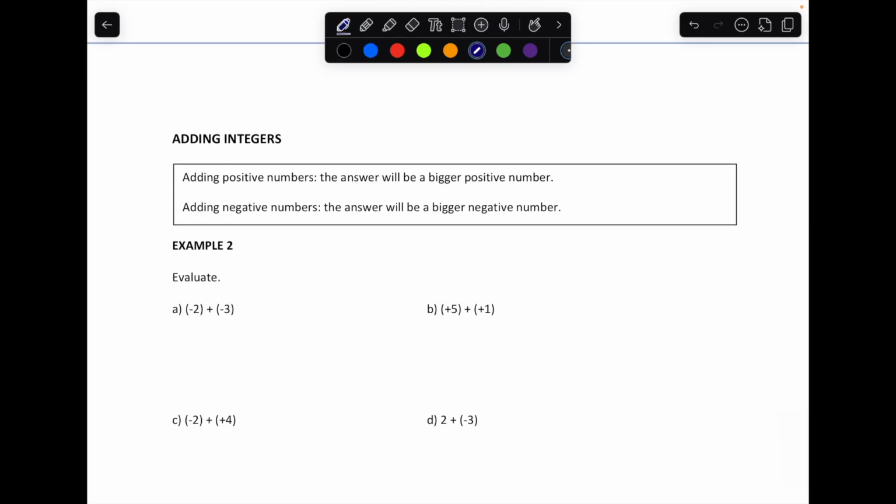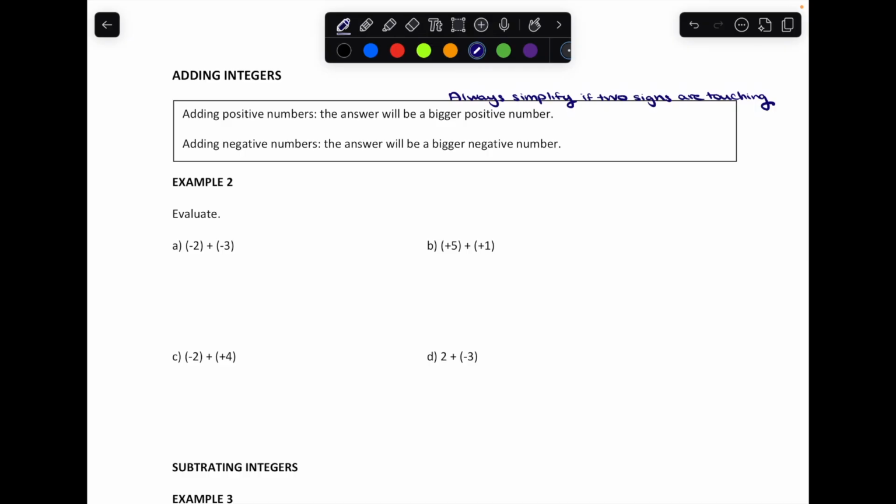When we're looking at adding integers, if we are adding positive numbers, the answer will always be a bigger positive number. And if we're adding negative numbers, the answer will be a bigger negative number. So here what we want to do is we always want to simplify if two signs are touching. And so here we have -2 plus -3.